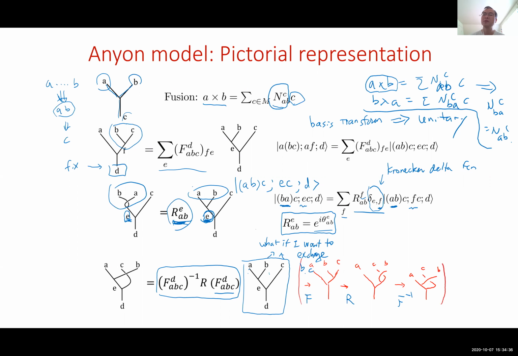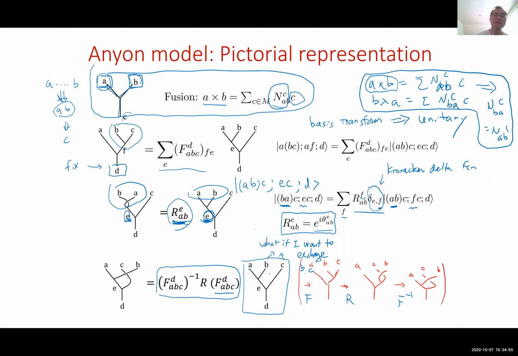Okay, that's for fusion. But this may have additional meaning of the location, A on the left, B on the right, which is not emphasized here.